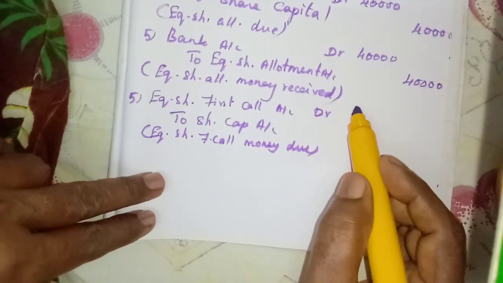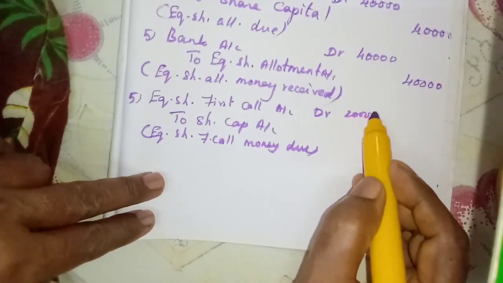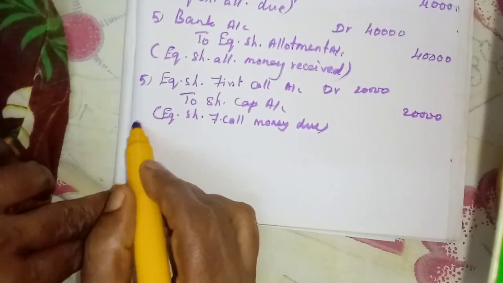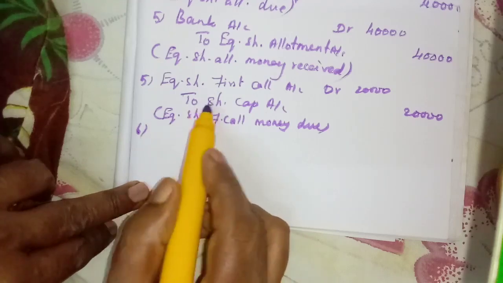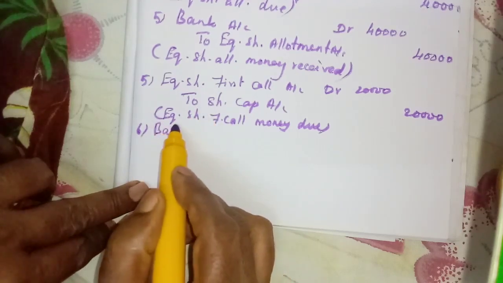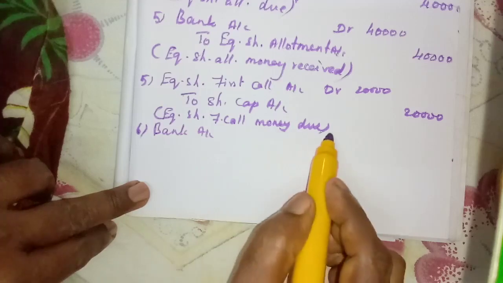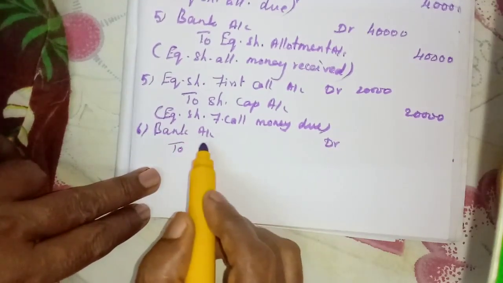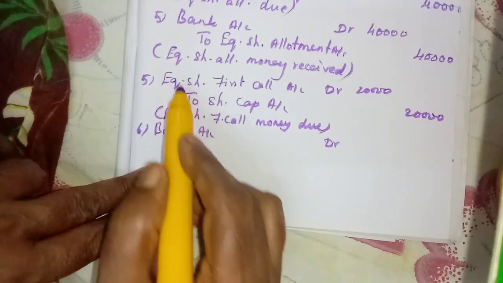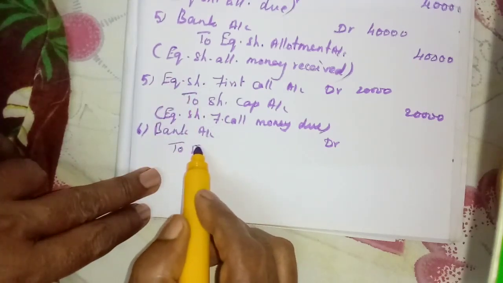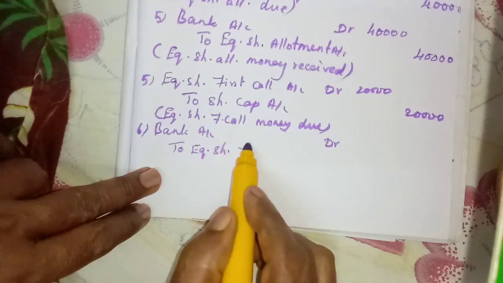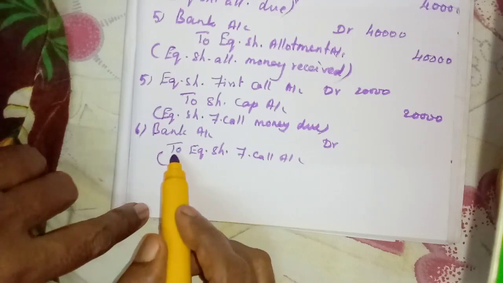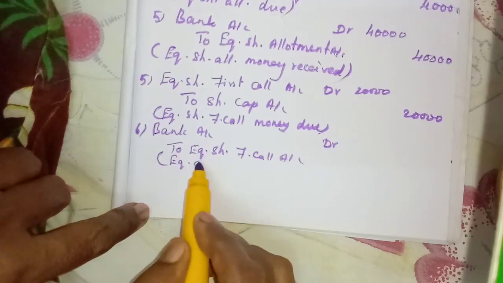So 2 into 10,000 shares, 20,000. Then when we receive the amount, bank account debtor. It will come repeatedly, but you should be a little careful. Bank account debtor to equity share first call account. Equity share first call money received.